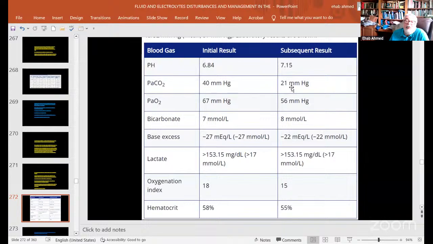PaCO2 40 dropped to 21. PO2 67, more or less 56, bicarb 7 and 8, base excess minus 27, minus 22. Lactate more than 15 in both times. Oxygenation index 18 and 15, and hematocrit 58, 55.